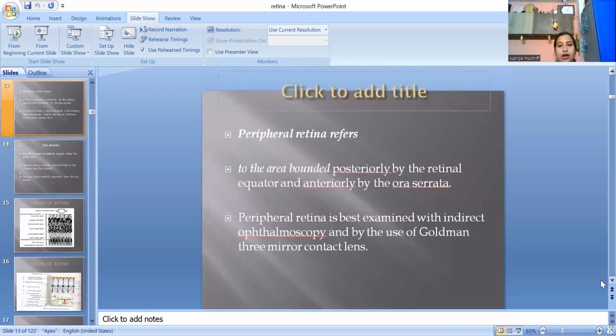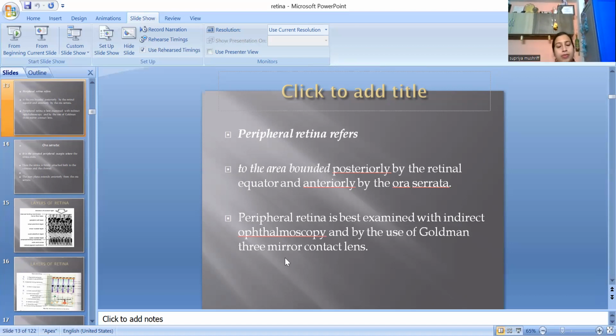Now peripheral retina. What does peripheral retina mean? Peripheral retina refers to the area bounded posteriorly by the retinal equator and anteriorly by the ora serrata. Peripheral retina is best examined with indirect ophthalmoscopy.